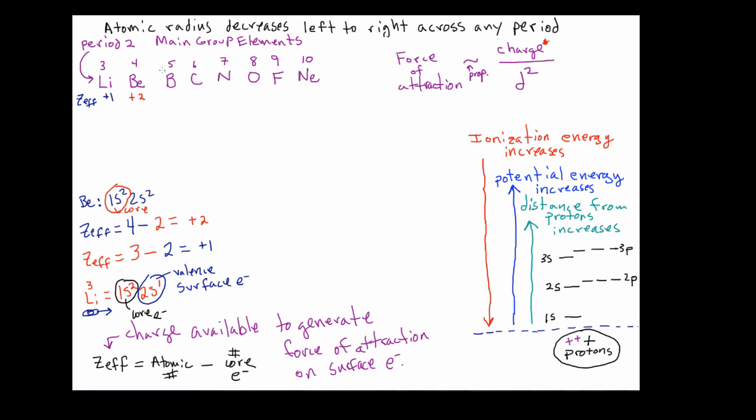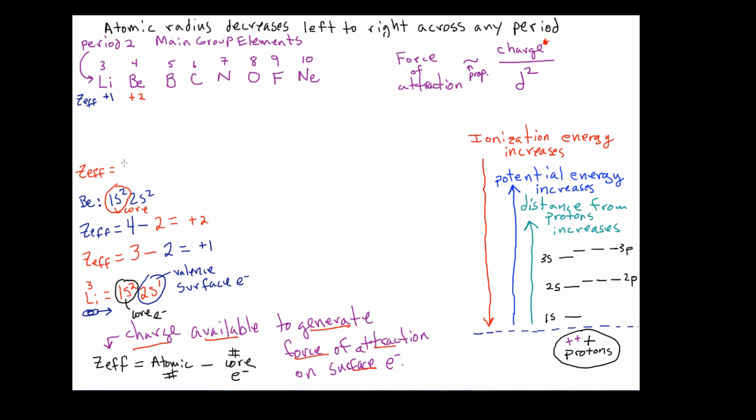Now, let's go ahead and calculate this for boron, and I think by then you should be able to see what the trend is going to be going across here for the amount of charge available to generate force of attraction on surface electrons. Remember that force of attraction, how hard those outer electrons are being pulled in towards the protons, is going to determine the diameter essentially of the atom. All right, so let's see.